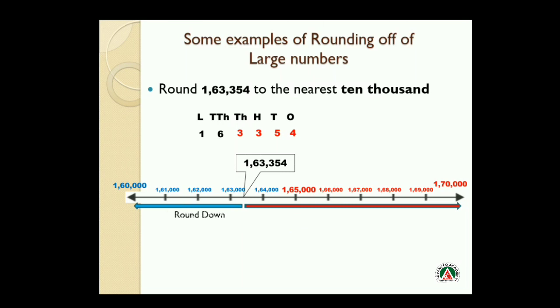Yes, the round down distance is closer. So 1,63,354 rounded to the nearest 10,000 is 1,60,000.